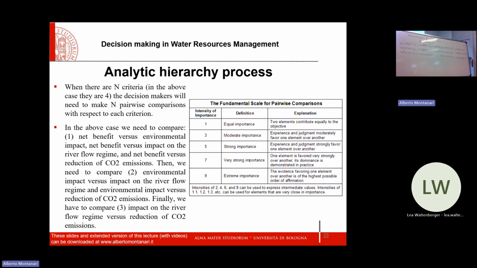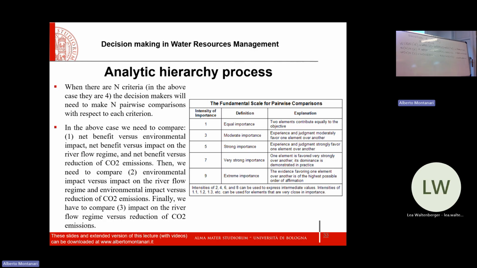Or if they think that the first is moderately more important than the second, they put a score of 3. If they think that the first is strongly more important than the second, the score is 5. If it is very strongly more important, the score is 7.